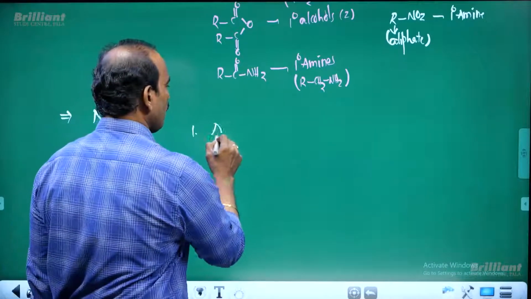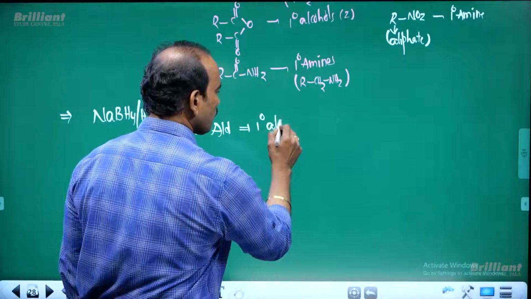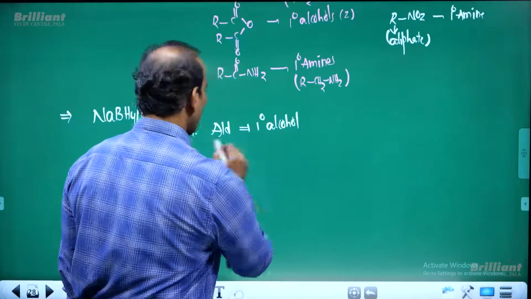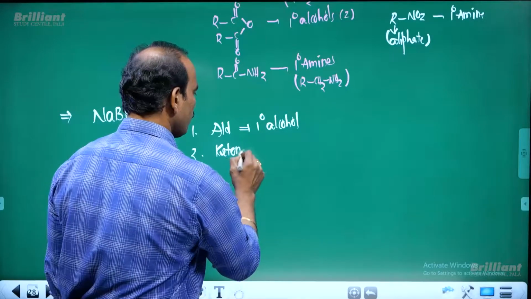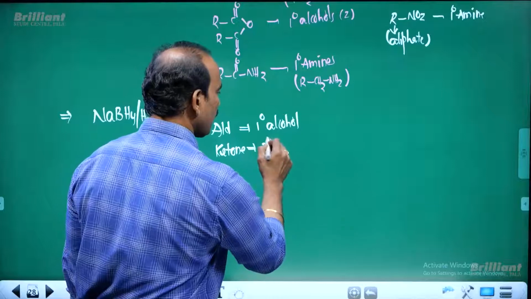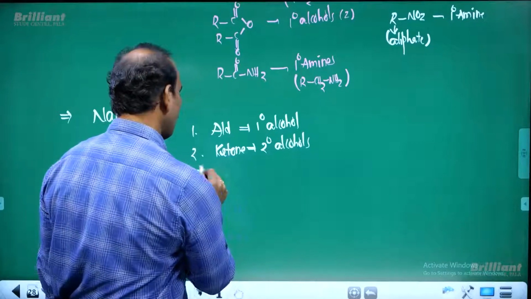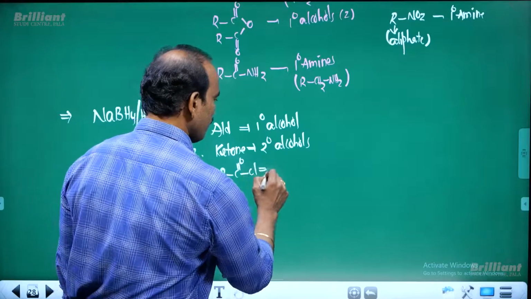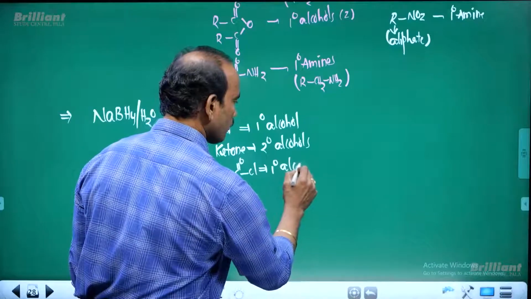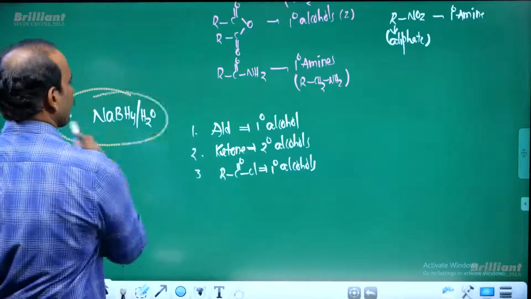One is aldehydes change to primary alcohols. The next one is ketones change to secondary alcohols. Next one is acid chlorides change to primary alcohols. Then this is NaBH4.